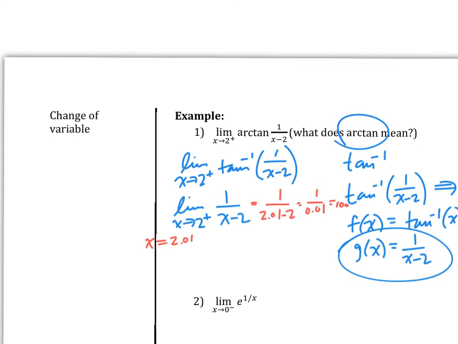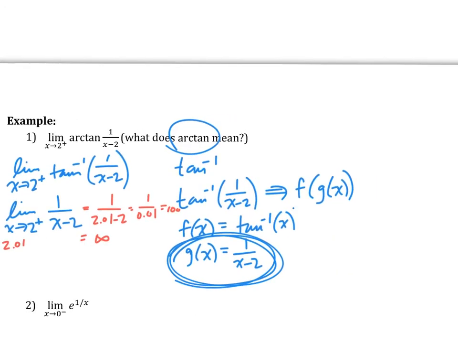Basically, since we know that this is a rational function with a transformation of 2 to the right, the function looks like this. So this limit is going to infinity. Now that we know it is going to infinity, we take this limit, which was the limit for g, and put it back into our composed function.